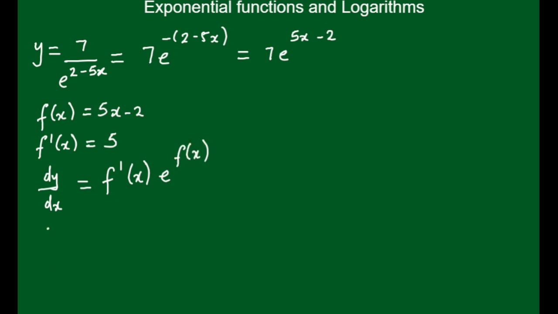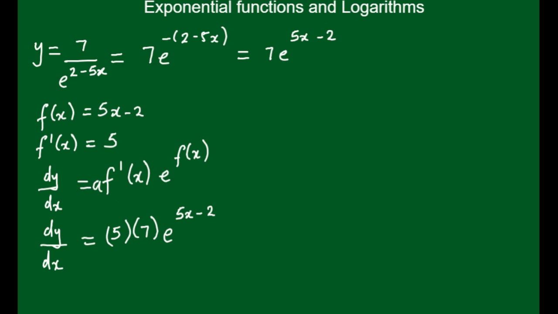So we are going to have dy dx, f prime of x, we have 5, but we had another constant 7, so I put a there to refer to the constant. You can put any letter. So we have the constant 7, then e to the power of f of x, which is 5x minus 2.